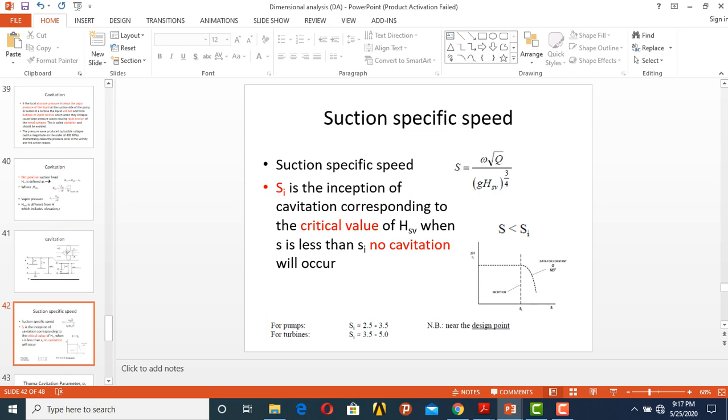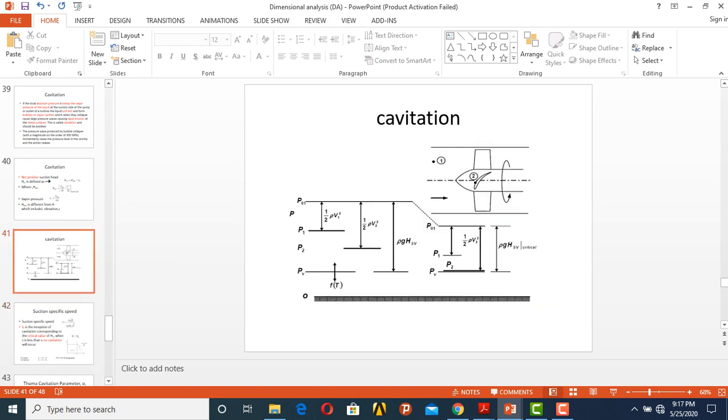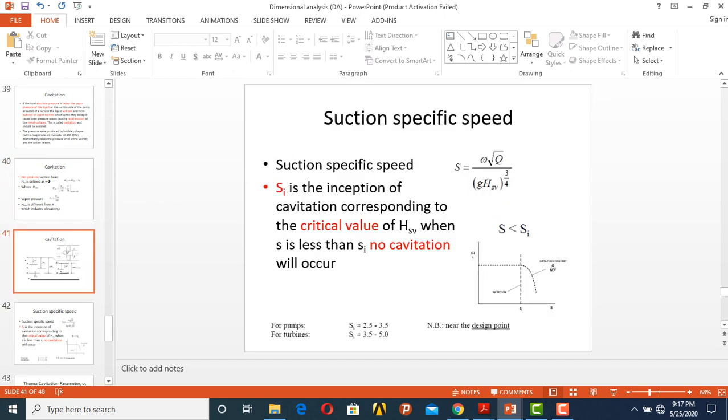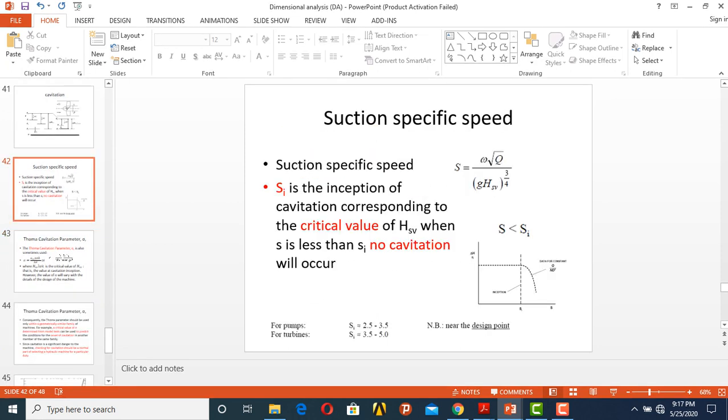This time around, we are considering the suction head, so that we can come up with this speed. This head will help us determine whether we have reached the threshold of cavitation, whether cavitation has reached the inception point or not.